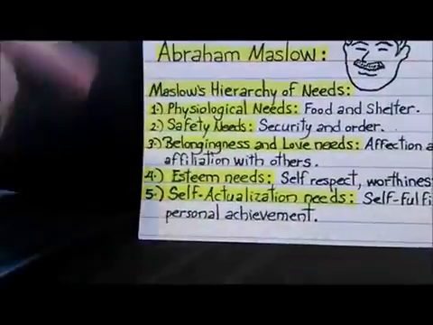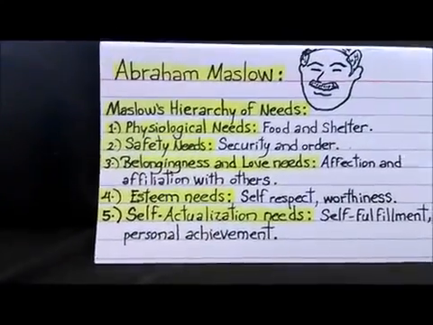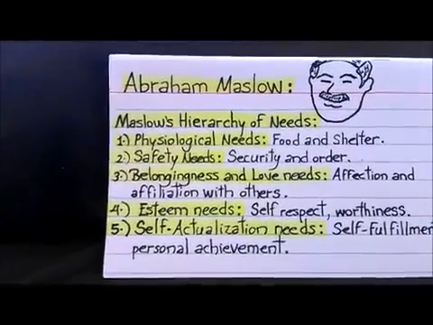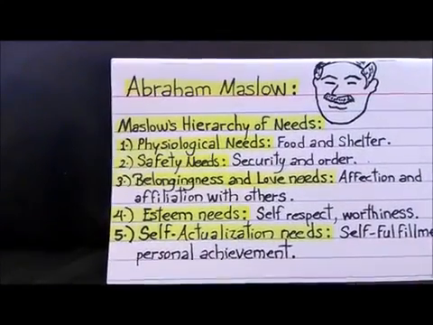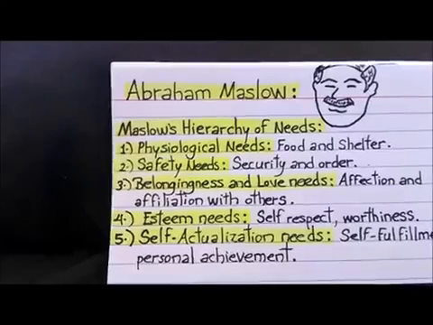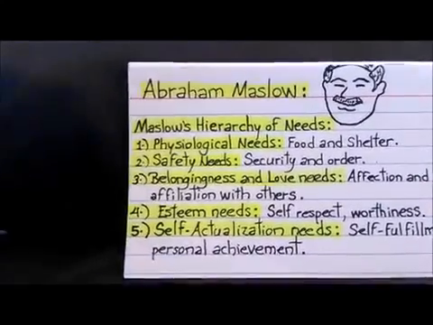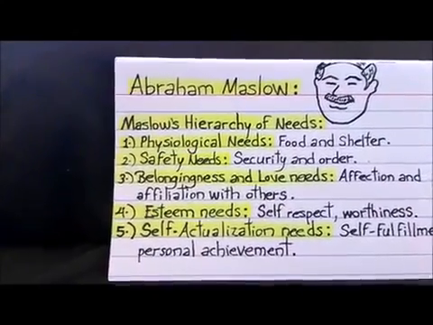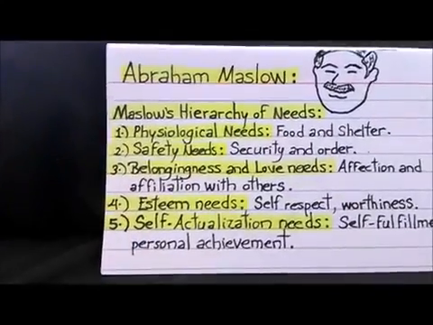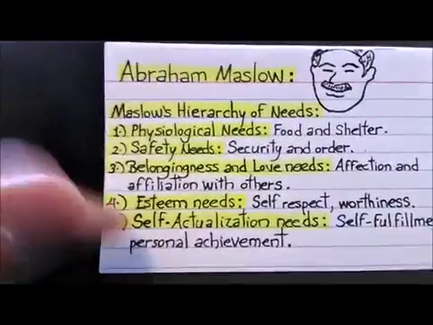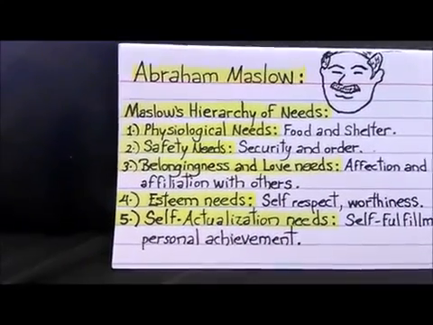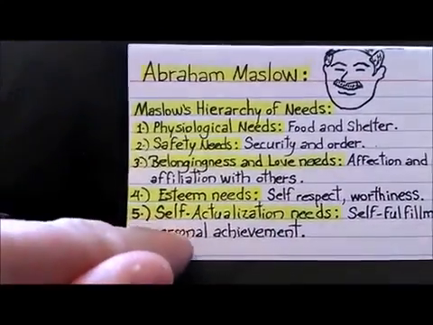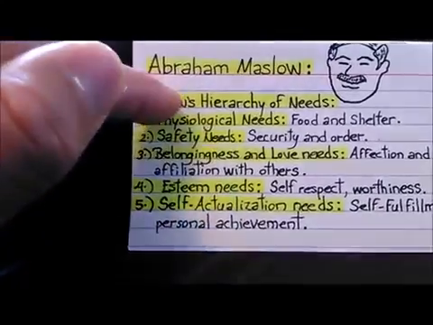The first: physiological needs, food and shelter; safety needs, security and order; belongingness and love needs, affection and affiliation with others; esteem needs, self-respect, worthiness; self-actualization needs, self-fulfillment and personal achievement. Everybody wants to achieve that, but everything else must be met.